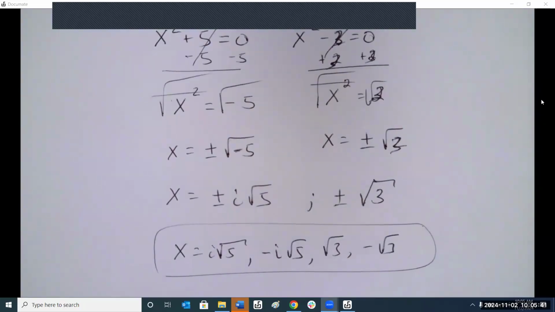Which brings us now to graphing. This is where we need to find the x-intercepts. The x-intercepts, how do we find the y-intercepts? She said the last time. No. How do you find the y-intercept?